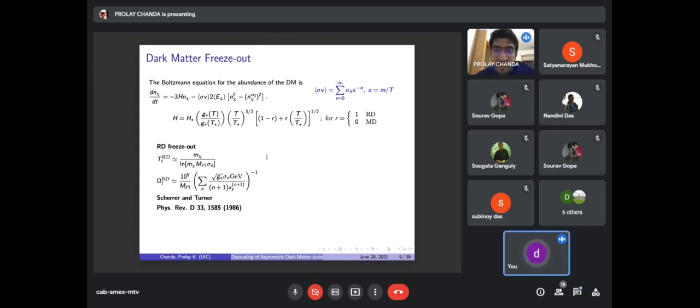Prolay: Sorry, I have a question. In your equation, what is that E chi? E chi is the center of mass energy of the dark matter particles. So is this equation dimensionally correct? In the Boltzmann equation, is there any energy involved there? Because n chi goes as T cubed and T goes as 1 by m.